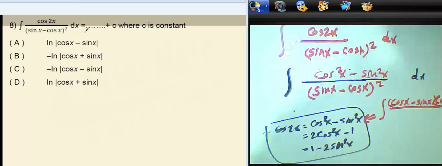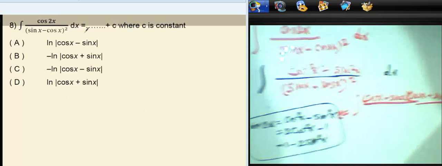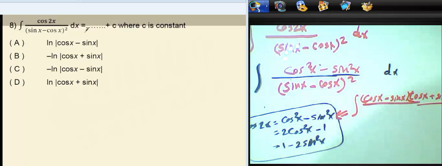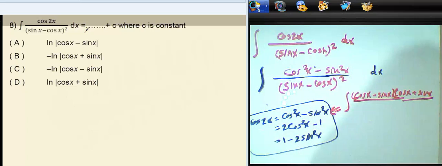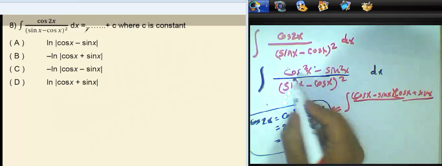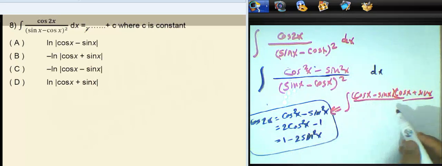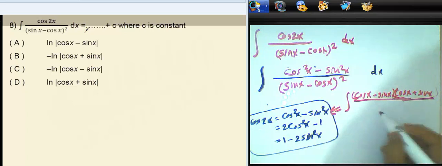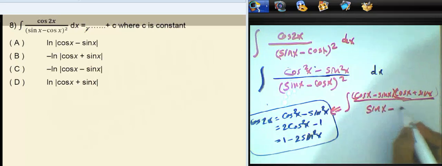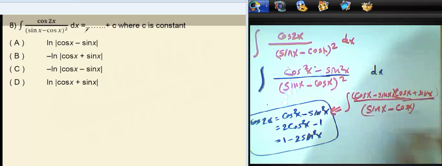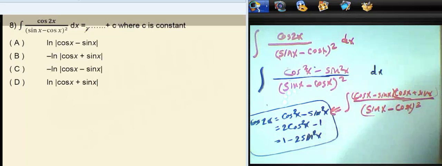Again, I used the derivative about the function here. Okay, I factorize cosine power 2x minus sine power 2x to cosine x minus sine x multiplied by cosine x plus sine x over sine x minus cosine x power 2.